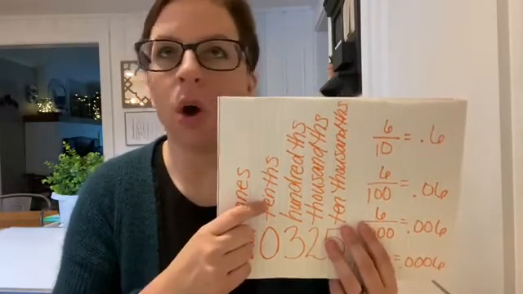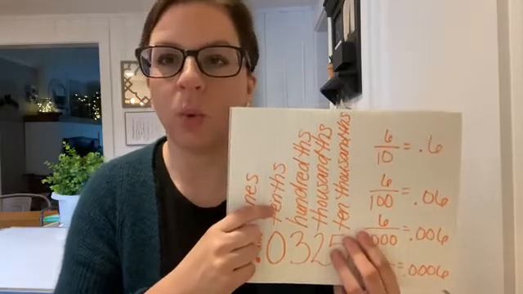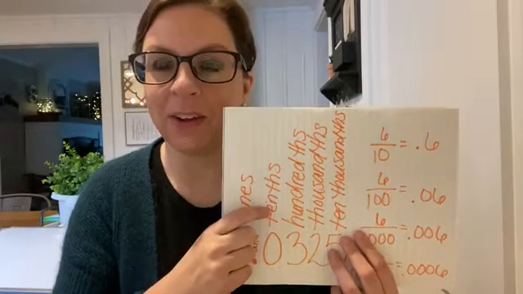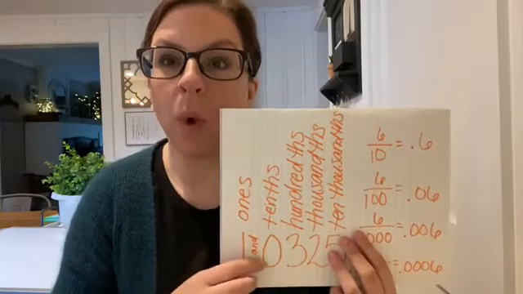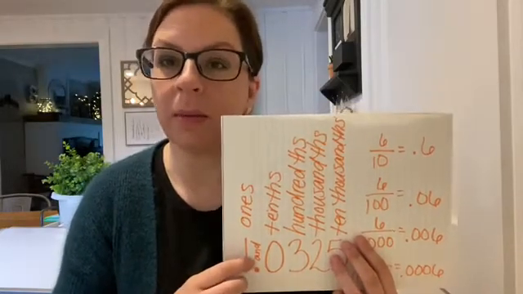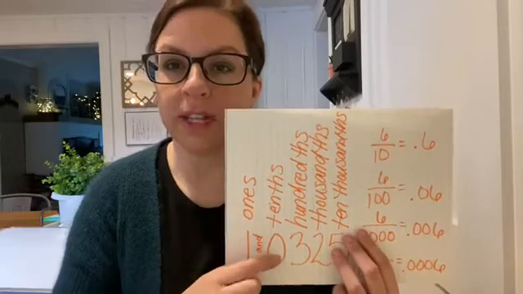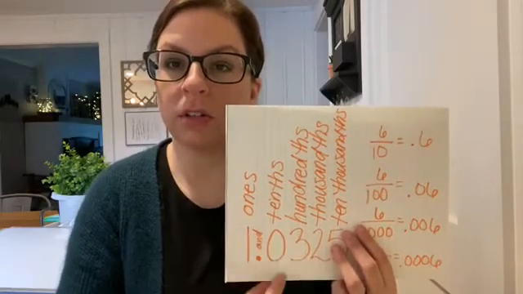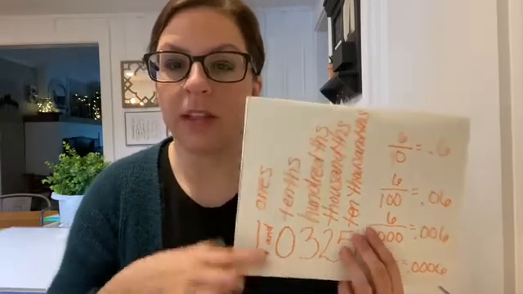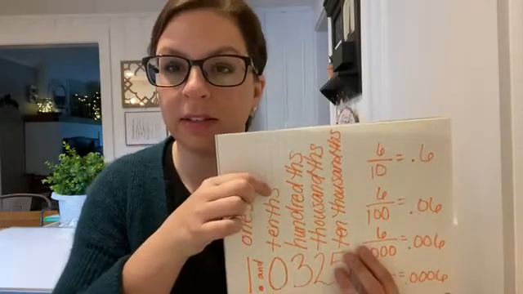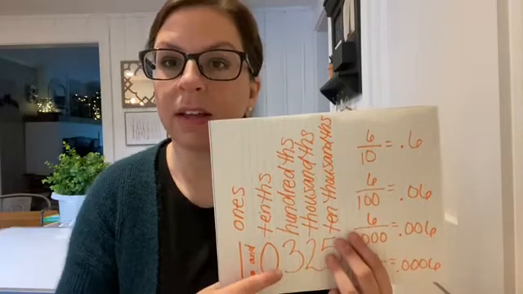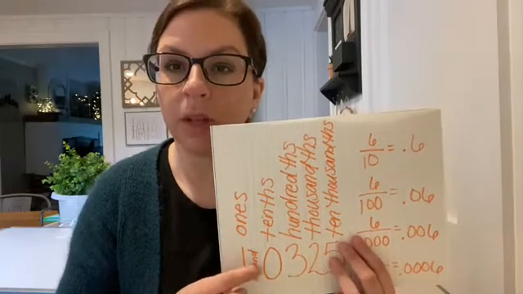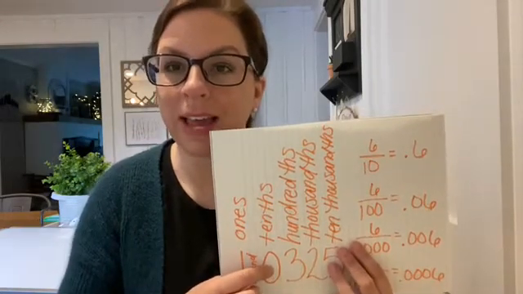There is no such thing as oneths, because if you were to divide a number by 1, it's going to be the same number. So the first place value of a decimal is the tenths place. This is how many times a whole number is divided into 10.